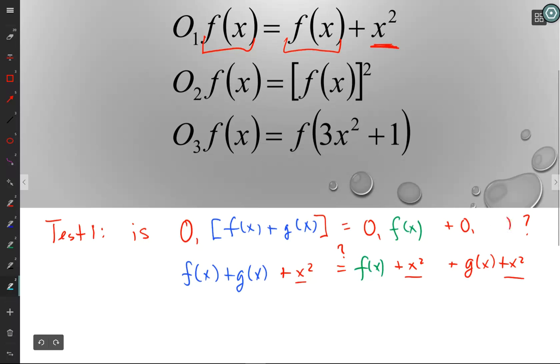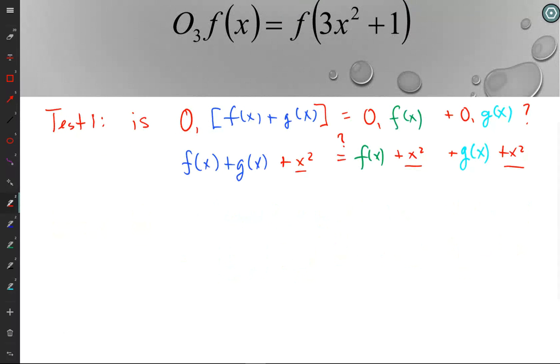It's easier just to erase the g of x than to write the whole thing. The red plus x squareds are coming from what the operator is doing to modify it.